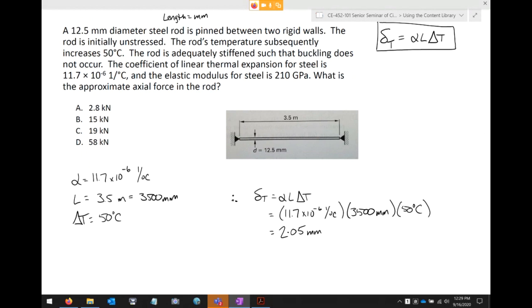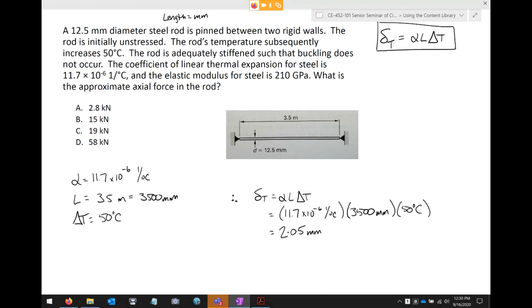Good deal. Okay, so let's take a step back and understand what we just did. Here's a bar, and that bar was heated up 50 degrees. If you have a bar and you heat it up 50 degrees, it's going to expand by 2.05 millimeters under these conditions. But here's the problem. The bar isn't expanding 2.05 millimeters. Remember, that bar is sandwiched between 2 walls.